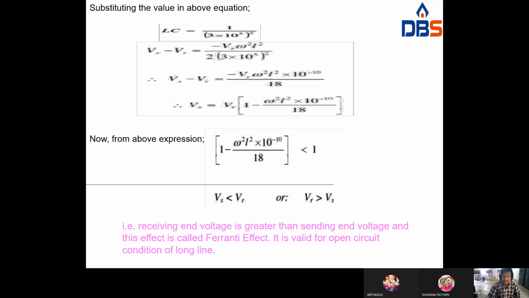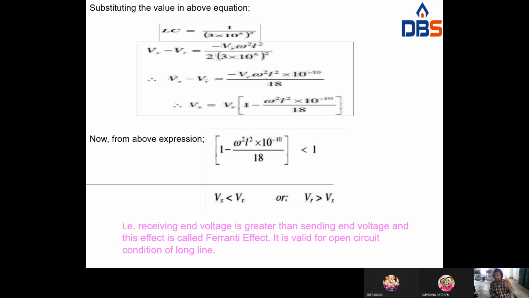Substituting the values, Vs minus Vr is equal to 1 minus omega squared L squared into 10 power minus 8 by 18. This value is always less than 1, because 1 minus anything less than 1 is less than 1. Like this, Vs is less than Vr, or Vr is greater than Vs. So this is the proof for Ferranti effect.